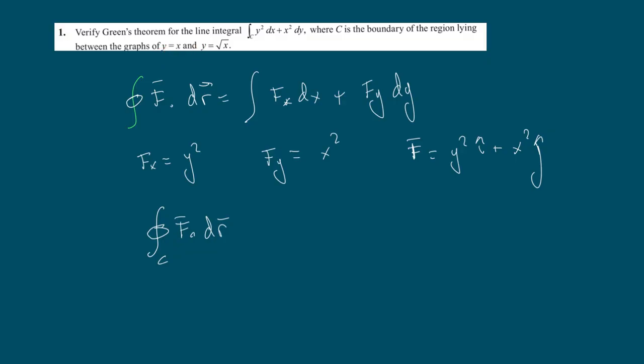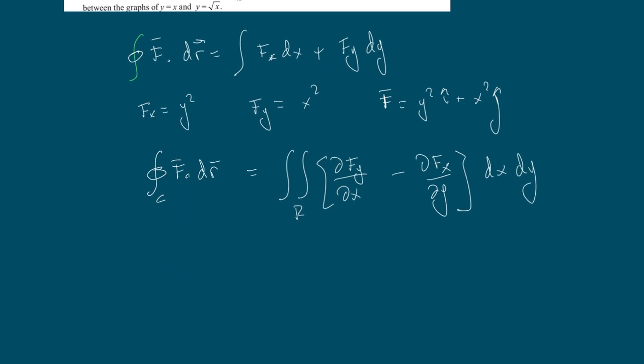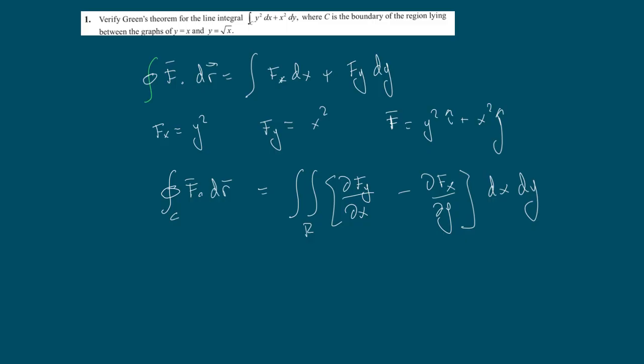So find this line integral and check that it equals the double integral over the region R contained in the curve C of the partial derivative of F_y with respect to x minus the partial derivative of F_x with respect to y, dx dy. So we have to check this. Let's do the right side of the equation.